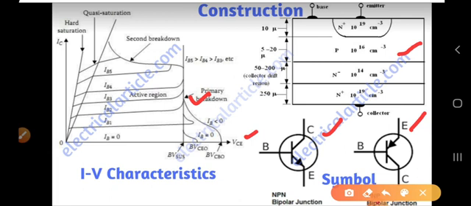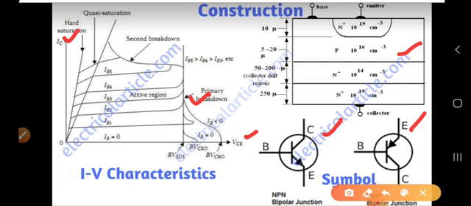The x-axis consists of the VCE, the voltage across collector and emitter, and the y-axis consists of the collector current, this is the IC. We are observing the graph of this, the VI characteristics, voltage and current characteristics of the power BJT.